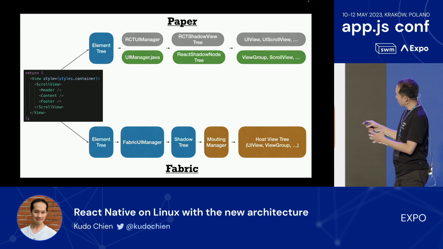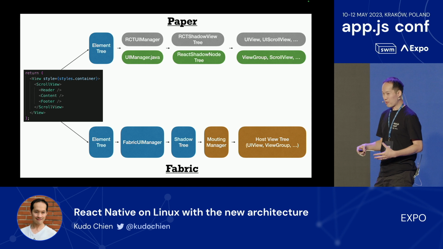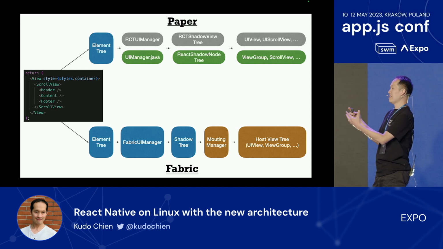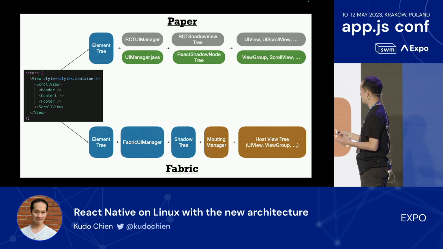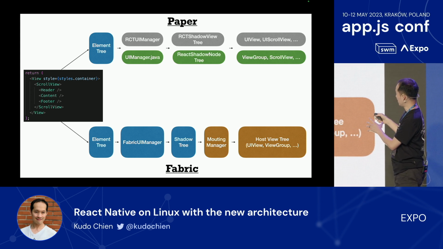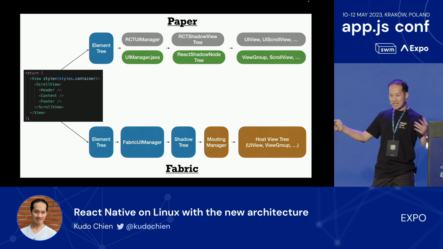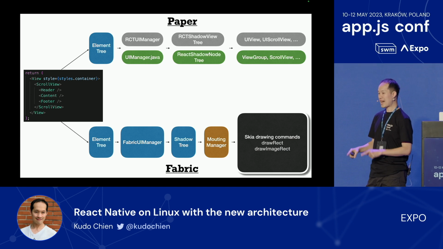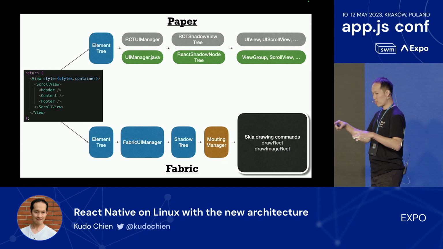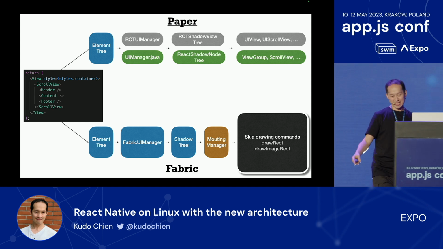And for the blue part, the building blocks, you don't have to re-implement them when you're forking to support a new platform. All we need to do is support the ground block, where the mounting manager maps to the host tree. And what react-native-skia did is replace the host view tree with Skia drawing commands, like draw rect, draw image rect, and exactly that's what react-native-skia does.